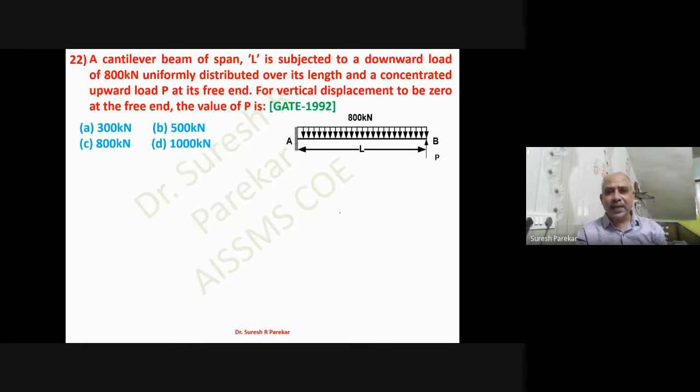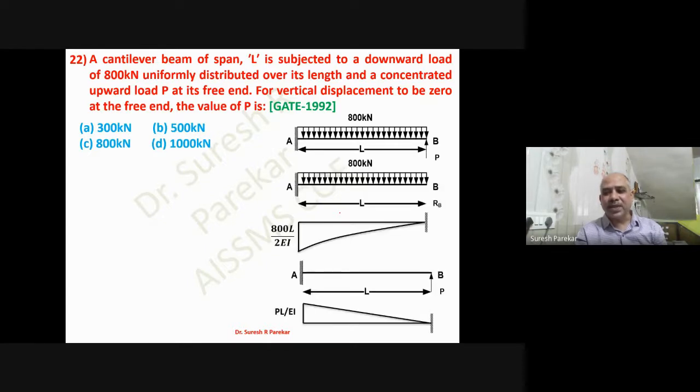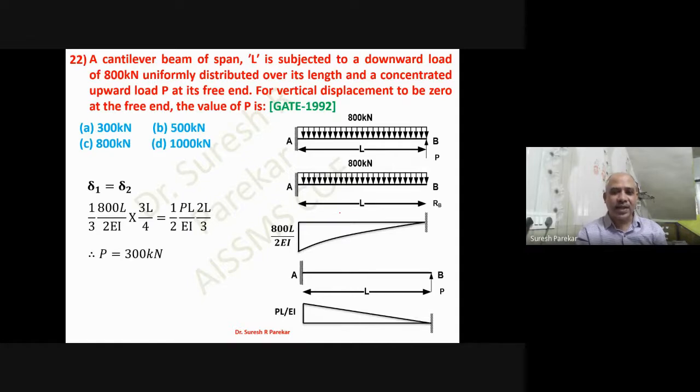Then we have this cantilever. As we know, the reaction for zero displacement is 3WL upon 8EI. That also you can use, or you can take both separately and you will get the answer as 300 kilonewton. You can go easily directly by R is equal to 3WL upon 8.